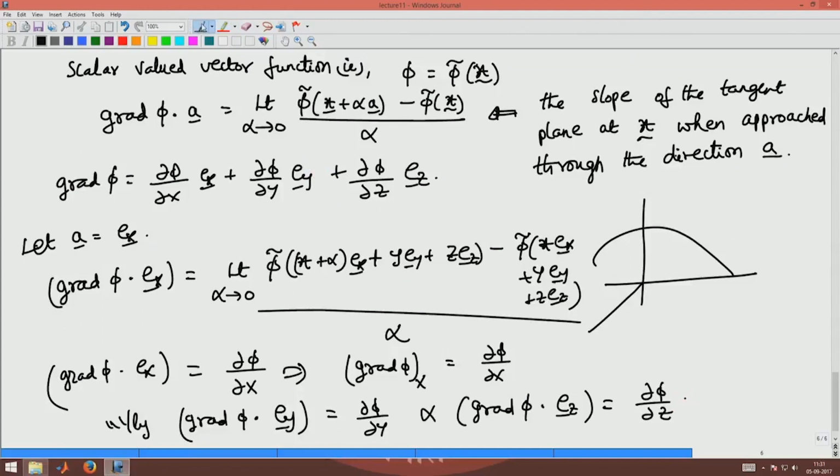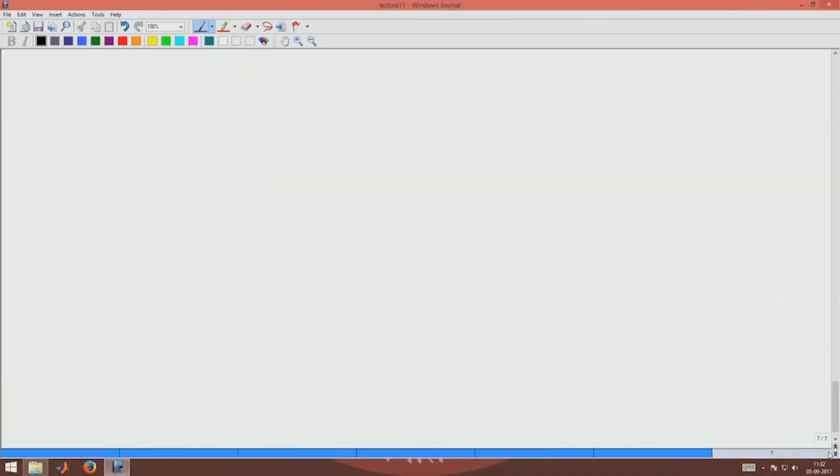Now, we saw what the gradient of a scalar valued function is. Similarly, let us look at the meaning of the gradient of a vector valued vector function. A vector valued vector function is u, a function of x and t.